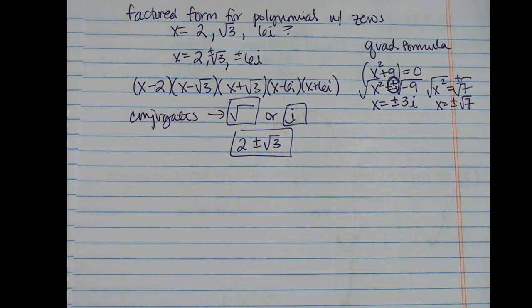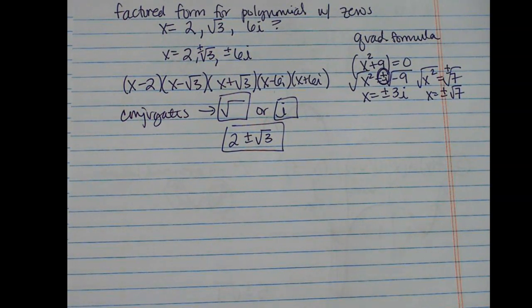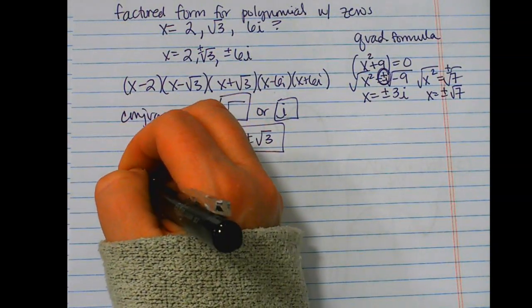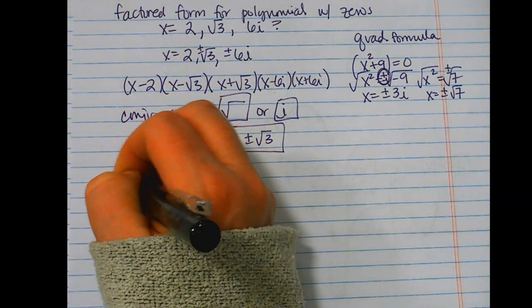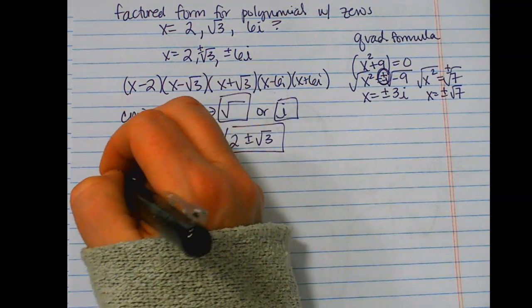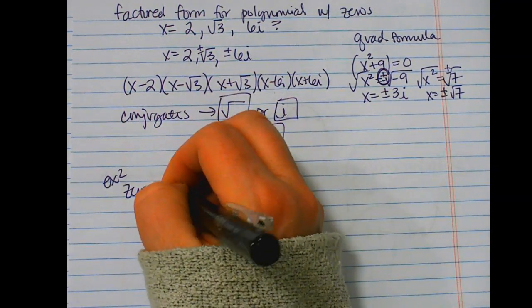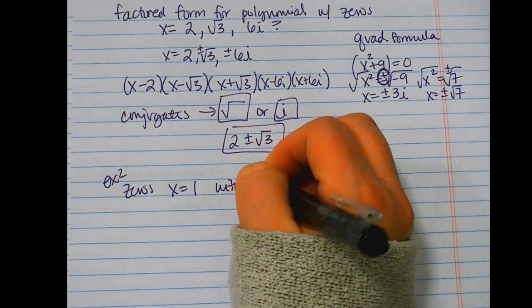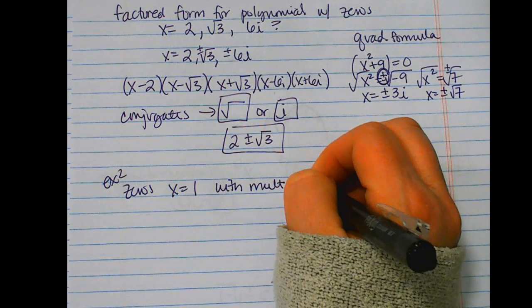Okay, so I've got 3 problems that you're going to try along those lines tonight. The one thing that they say in the new problems that we have for practicing tonight is it says you have zeros. So this is example 2. Zeros are x equals 1 with a multiplicity of 2.